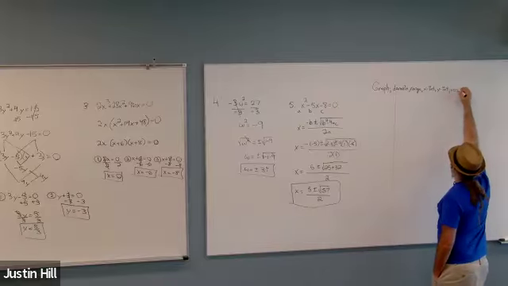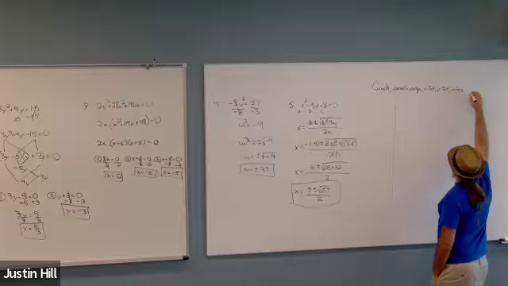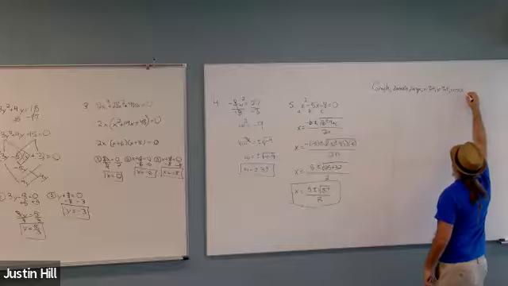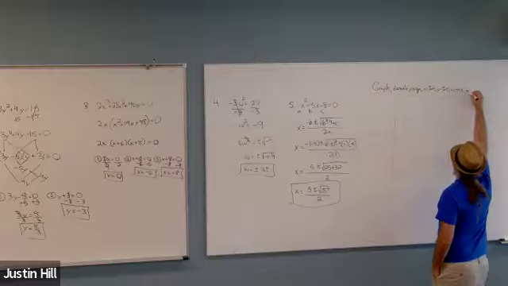And then the two new things with quadratic functions are the vertex and the axis of symmetry.